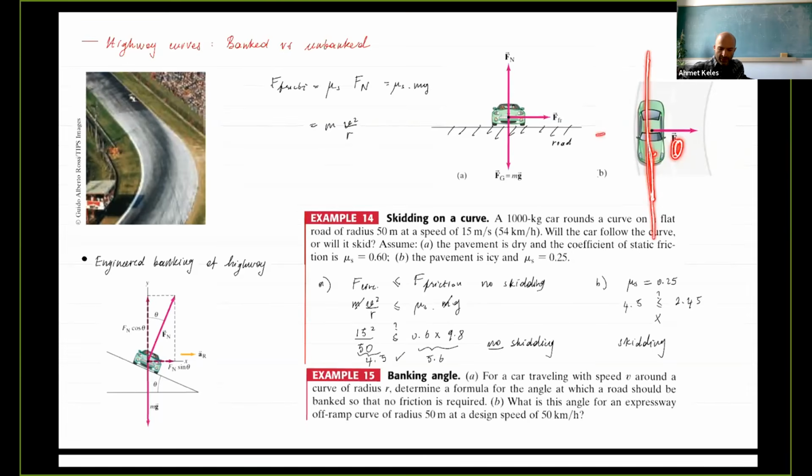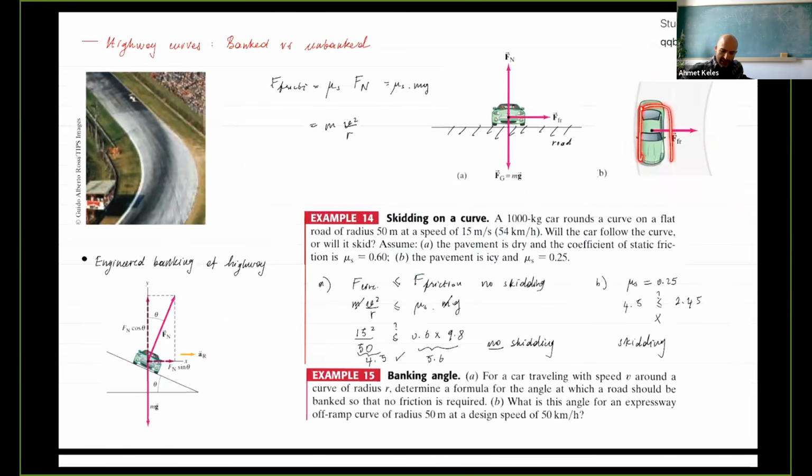And if you are studying motion along the orthogonal direction, like this direction, we assume that there is no motion, there is no skidding. If the car was skidding in this direction a little bit, you are absolutely right, we would have to use the kinetic friction because there was motion. But we are assuming it's perfectly stationary along that direction. And this is only possible if you are going through a perfect circle. Is that clear?